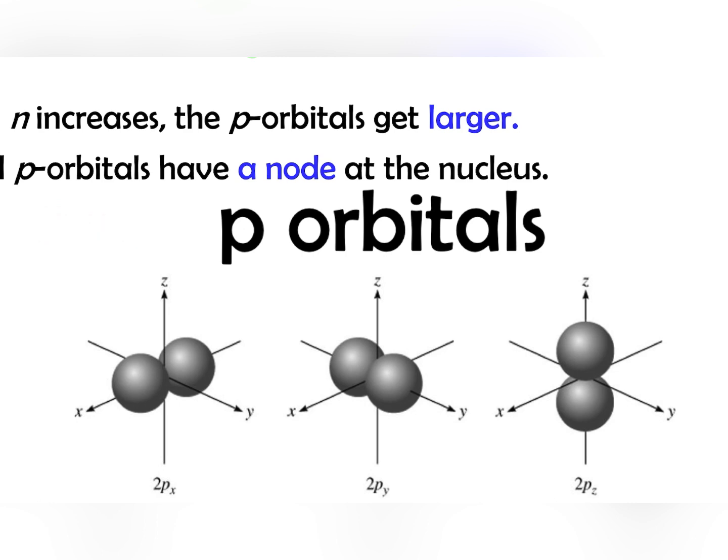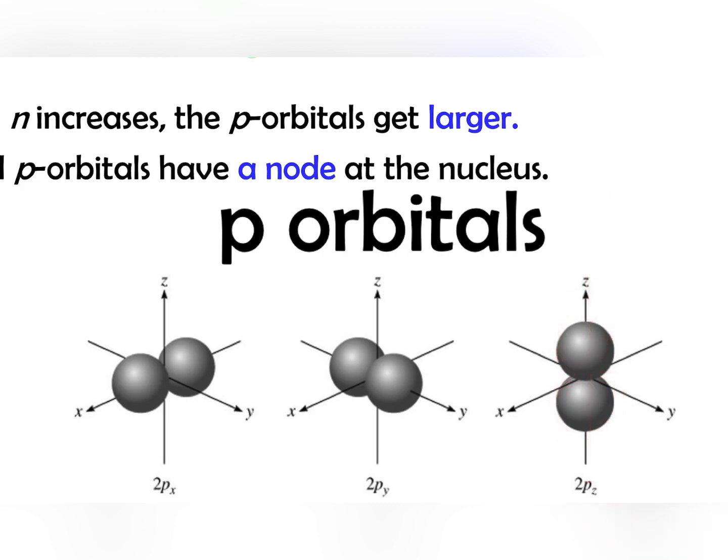Okay, and for 2px maksudnya lobe ataupun the orbital in dumbbell shape tu berada pada x-axis. Okay, so for py means the lobe is on the y-axis, and for pz the lobe will be on z-axis.